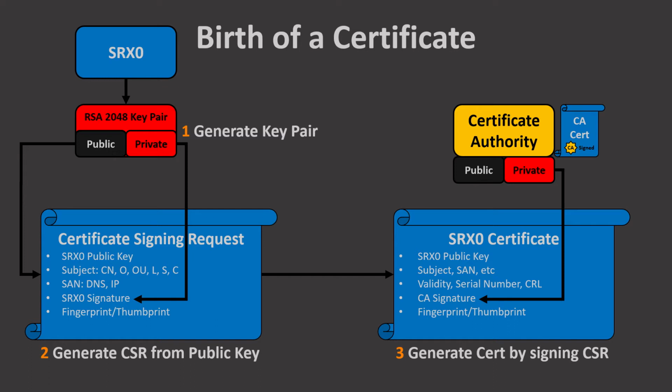Now, right here, you should be asking yourself, wait a minute. If we're verifying this certificate for SRX0, how do we know to trust the certificate authority? And where do we get the certificate authority's public key to decrypt the CA signature and verify that it is his signature?